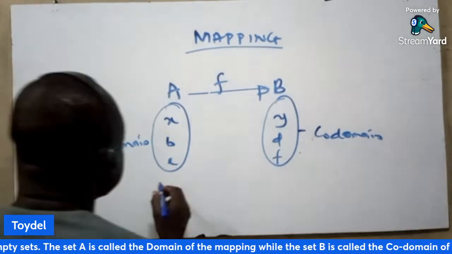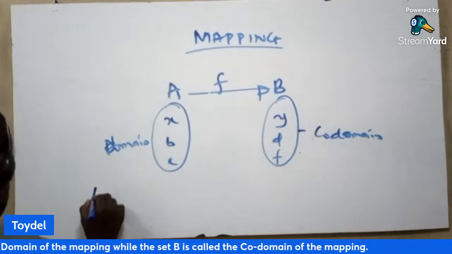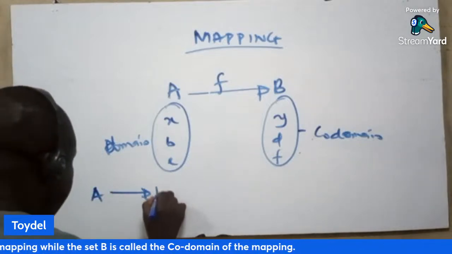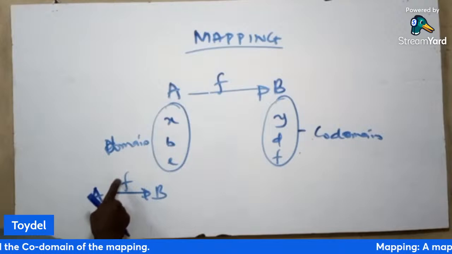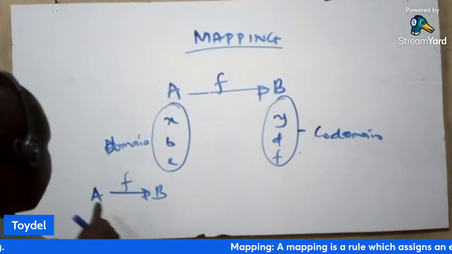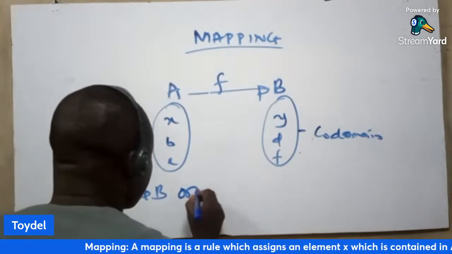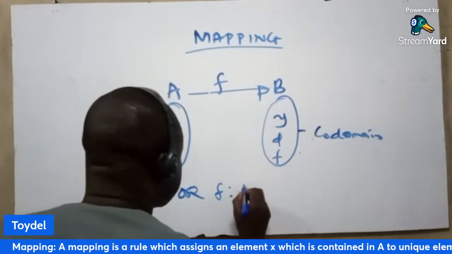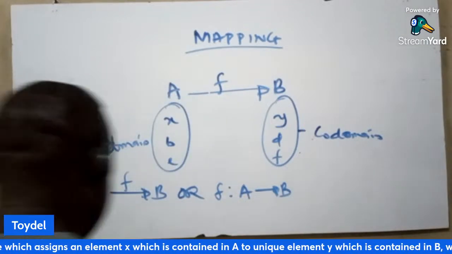In this case, we can say this mapping can be represented in three forms. We can say A to B, this is F. That is, we are saying that F assigns elements from set A to set B, or I would say F such that A to B, still the same thing.